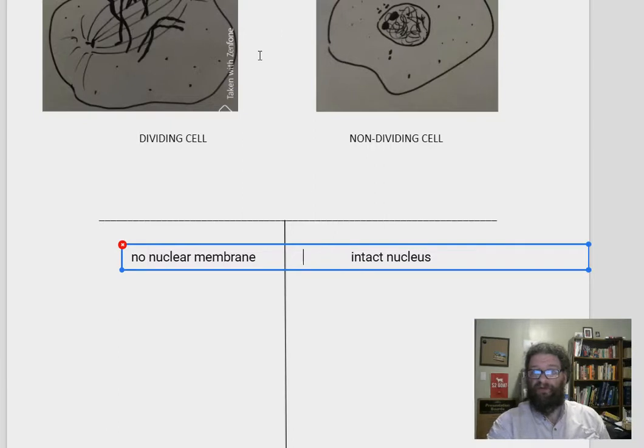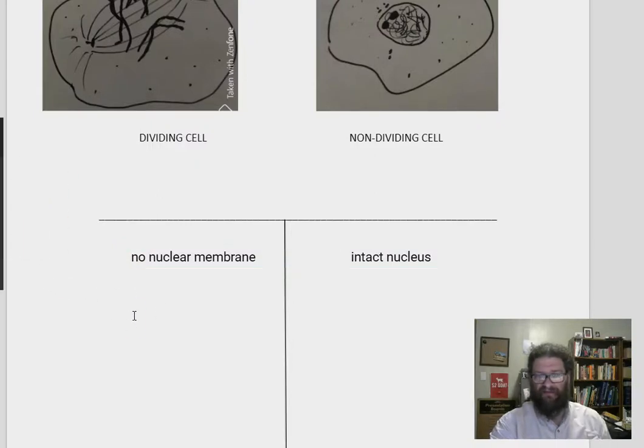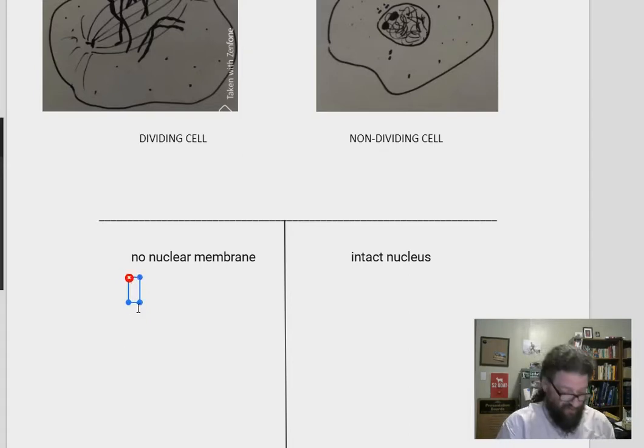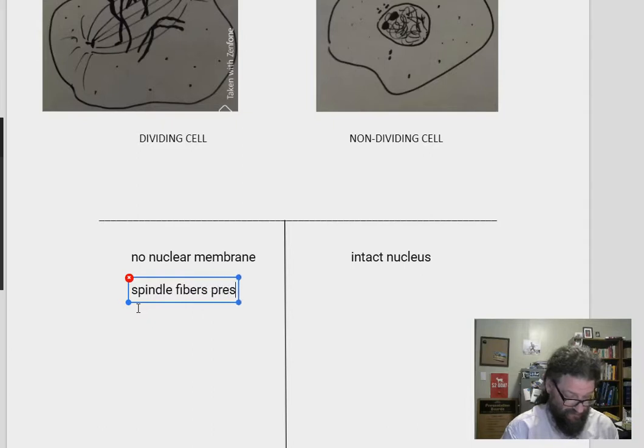Other differences that we have. Maybe you noticed that there are spindle fibers here instead. So spindle fibers. No spindles.